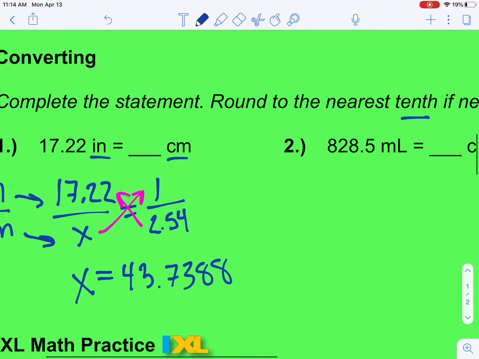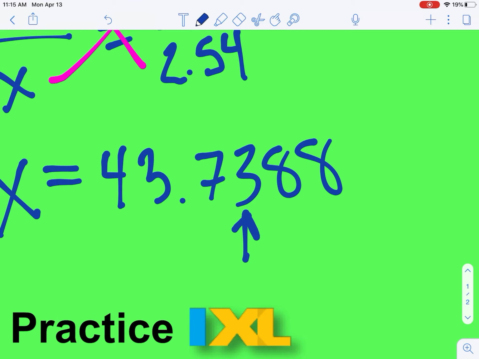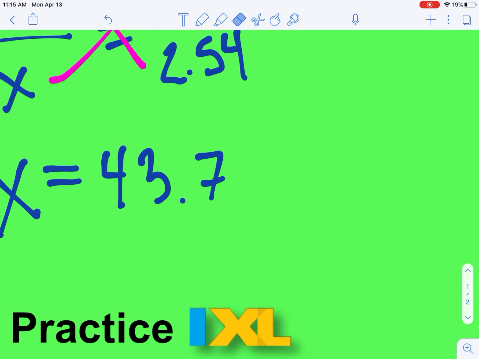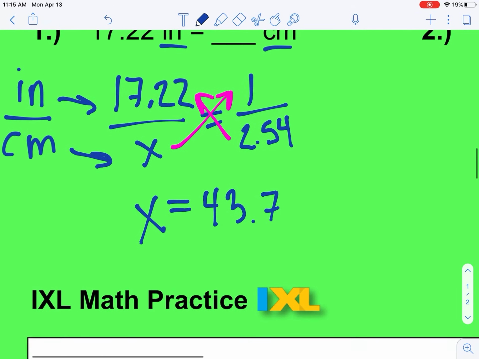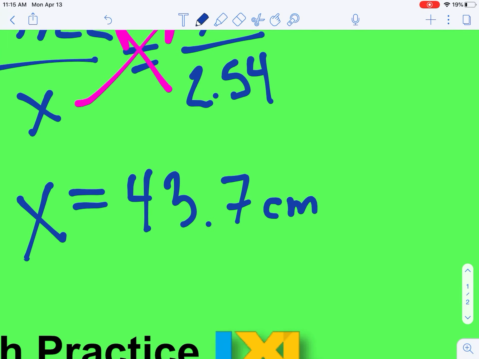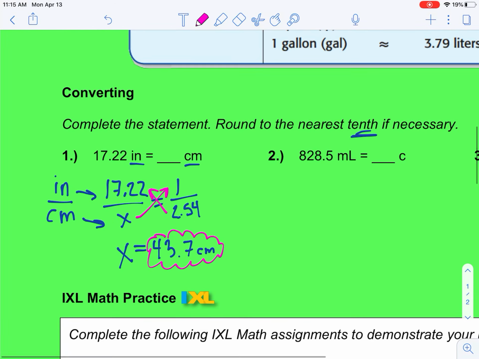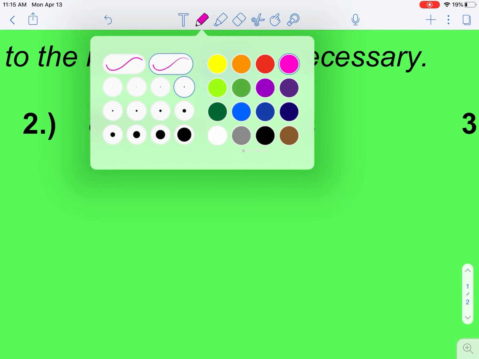It says round to the nearest tenth. So that means I need to look at my 3. The 3, 0 through 4, hit the floor, which means that 7 stays the same, and those go away. And so I have 43.7 centimeters. So again, we're just setting up proportions, cross multiplying, and dividing.